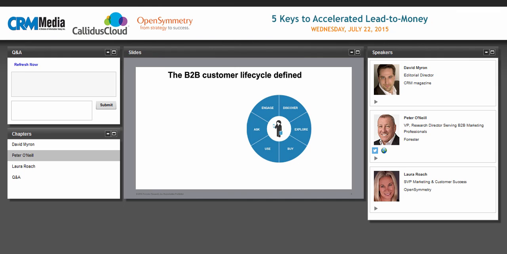The B2B customer life cycle, where we see customers going through a 6-stage life cycle as they are buying initially, but also, as you'll see in a moment, retaining business with you, maybe buying more or buying different products that you're offering, or even renewing their service, because of course most industries these days are tending to move towards an as-a-service delivery model, right from software right through to multi-million-dollar aircraft engines that these days are actually delivered as a service as opposed to a transaction basis.